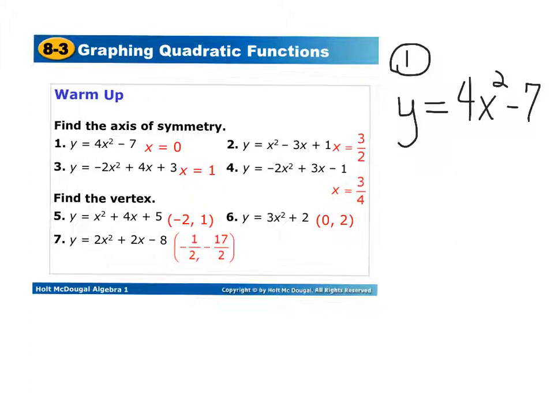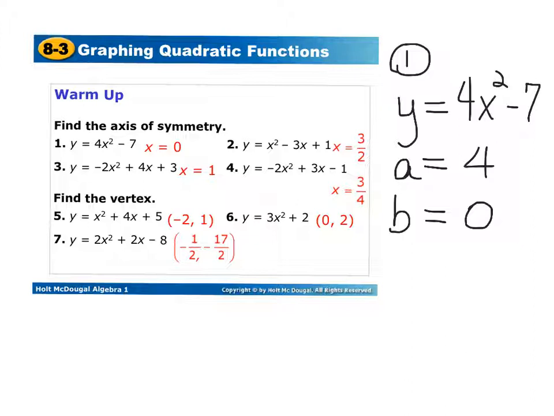So let's see if you guys can catch this. What is my A in this equation? The 4. What is my B value? 0. Excellent. What happened was we thought the B value was the -7. Remember, the B value is the number in front of x.